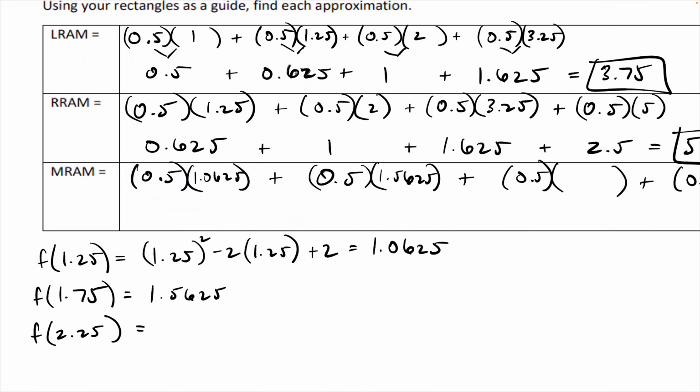That one's going to be 2.5625. And then the last one is 2.75. When I plug that in, I'm going to get just over 4.